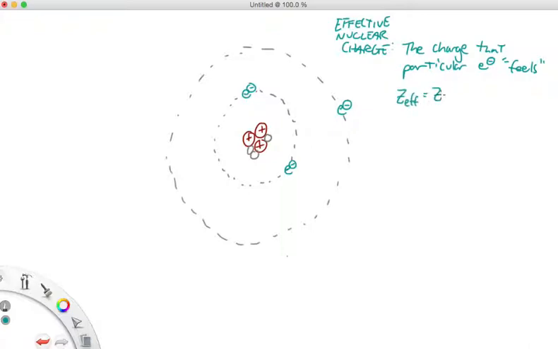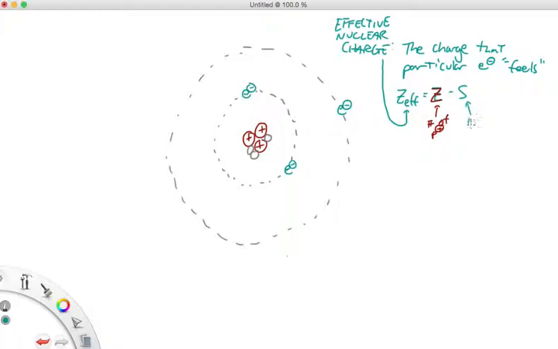Z_eff is Z minus S. Z_eff is the effective nuclear charge. Z, I'll write that in red. That makes the most sense to be in red because it's the number of protons. And S, it does make sense that it's in blue or this teal color.